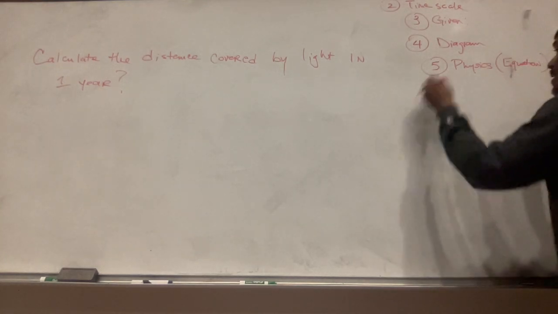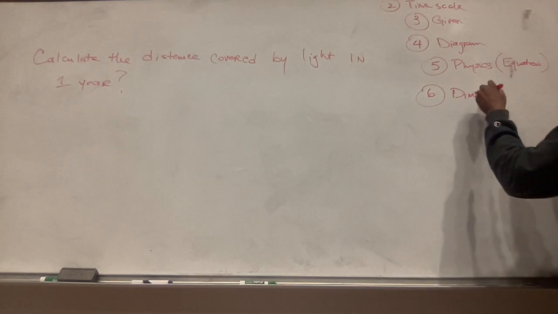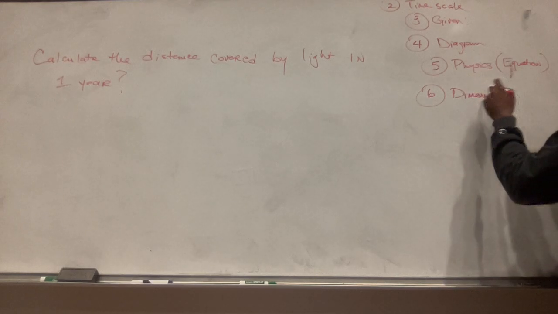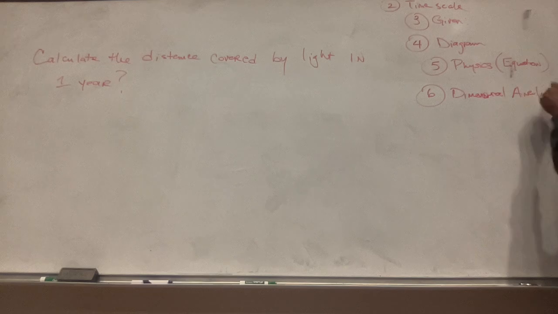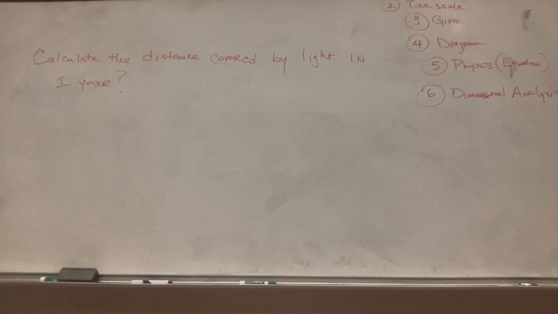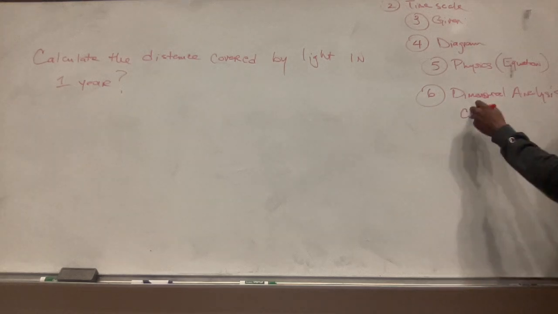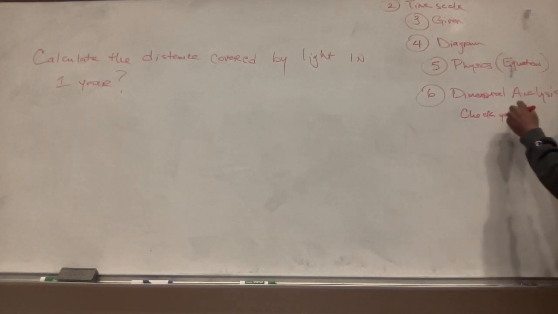And 6 is dimensional analysis. That's like checking your units, right? It's a check to make sure you're doing things correctly. It's the ultimate, foolproof method to check that you have done your algebra correctly. Check your units.